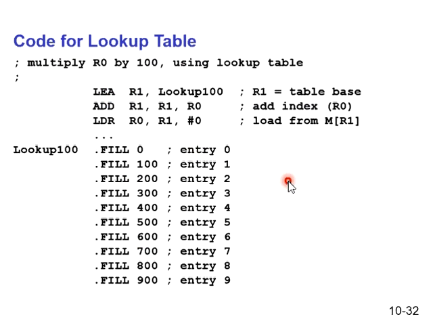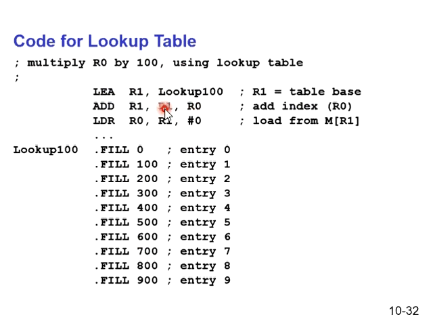Okay, and now over here, if you want to get the result, the multiplication between R0 and 100, we have to add the index. Because you have R0, you have each value. Now you have to add this to R1, each line of offset.